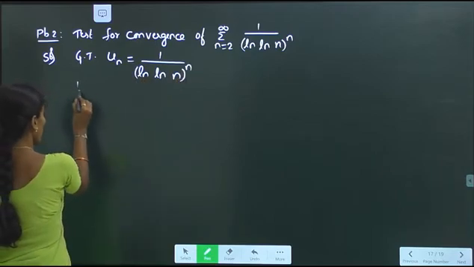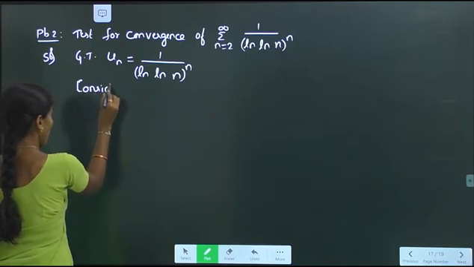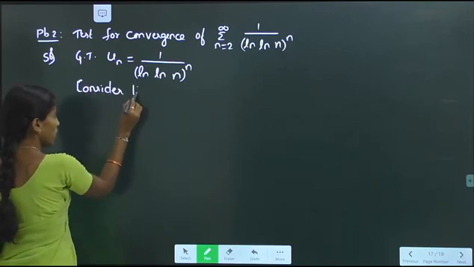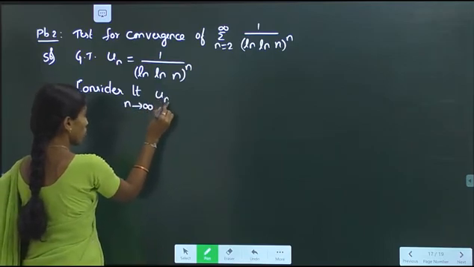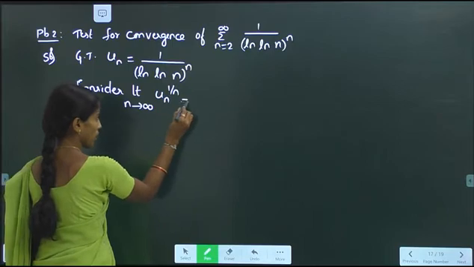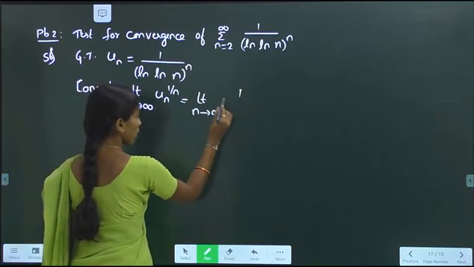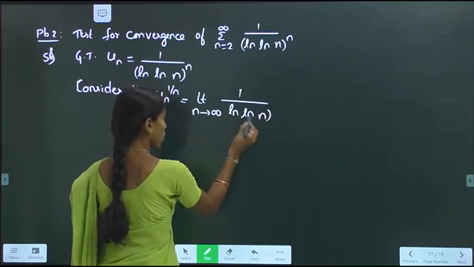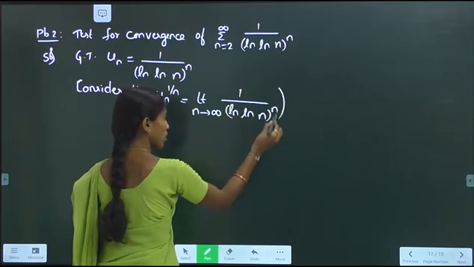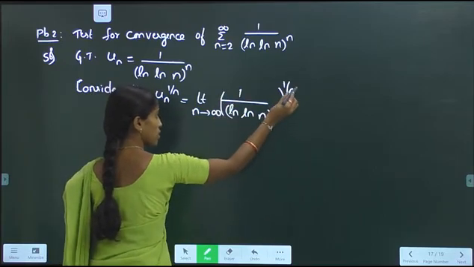So now consider limit n tends to infinity un to the power 1 by n. What is un? 1 by ln of n whole to the power n, again power 1 by n. This n cancels with this n.